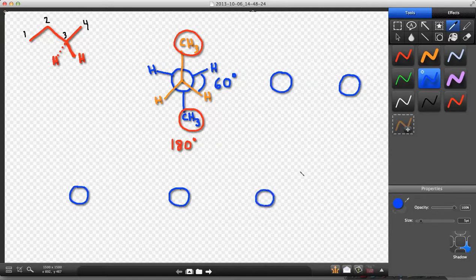And each time I'm going to have the same nuclear positions that I drew for the anti-conformation that you already see on the screen.